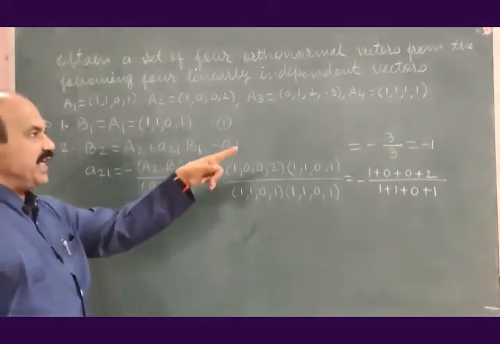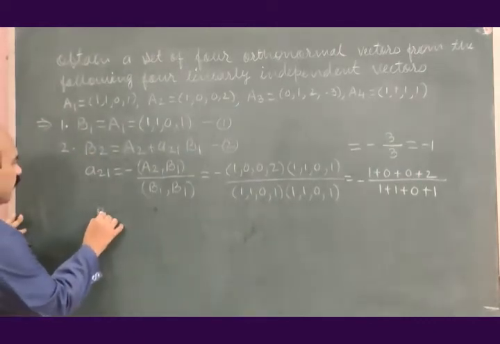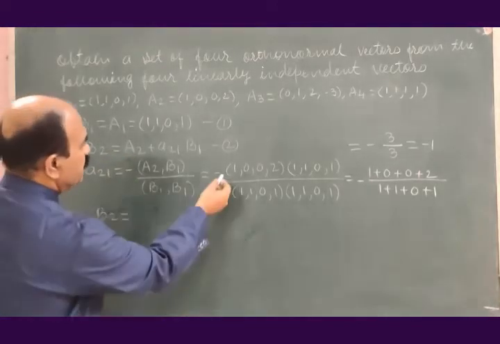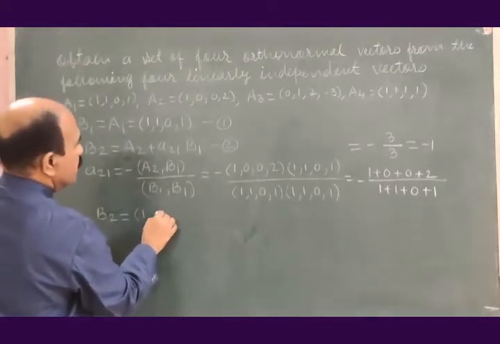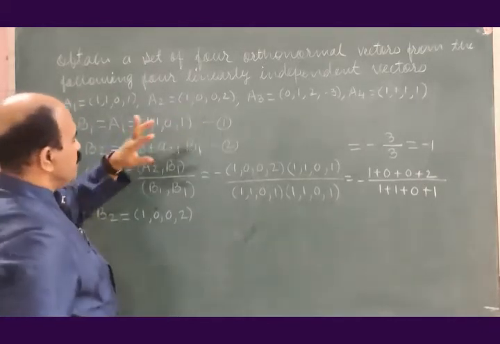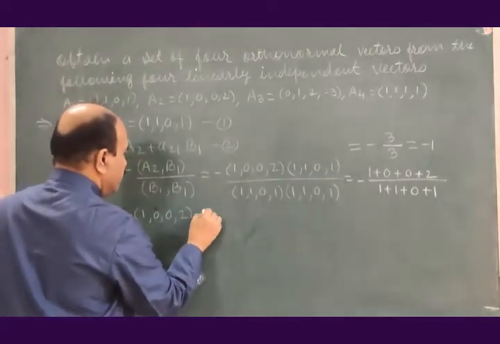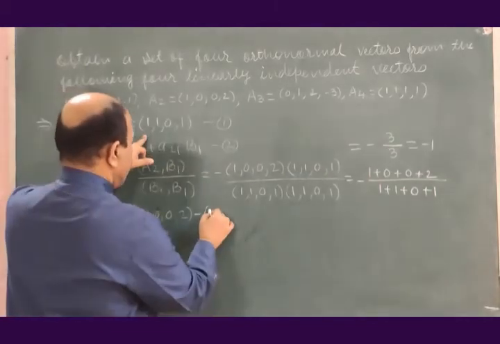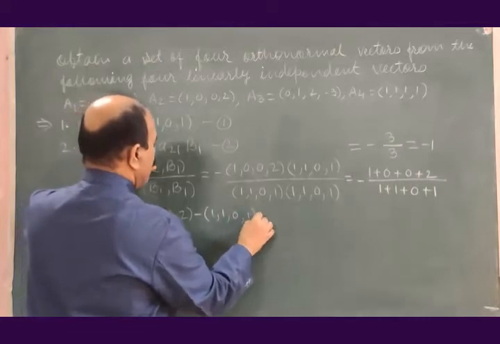So let us put here A21 is equal to minus 1 and get the value of B2. Therefore B2 is equal to A2. What is A2? This one, (1, 0, 0, 2). A21, it is minus 1, so let me put minus here into B1. B1 is this (1, 1, 0, 1).